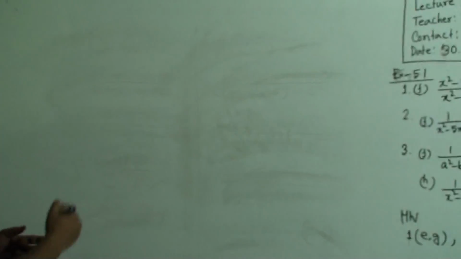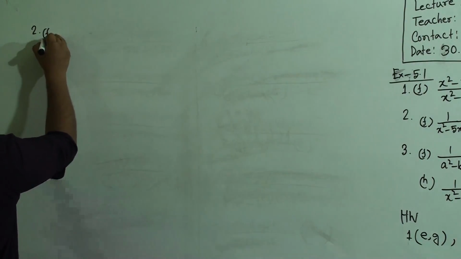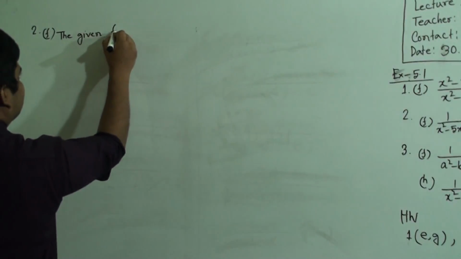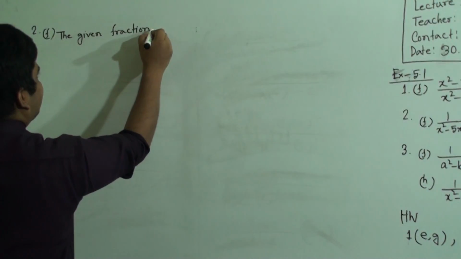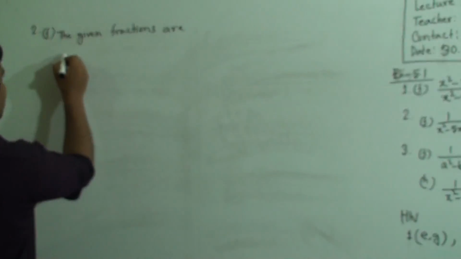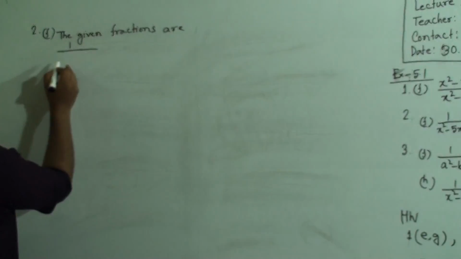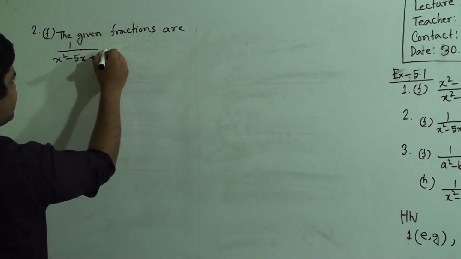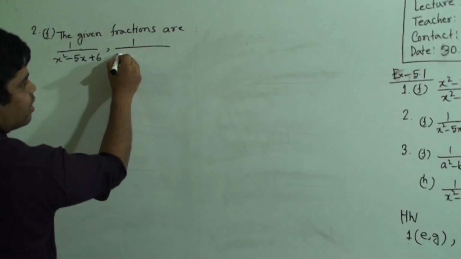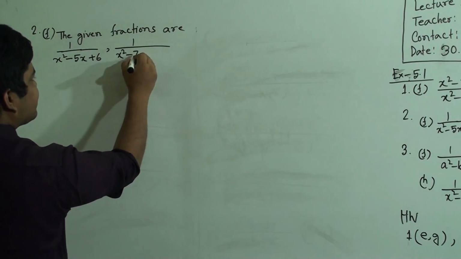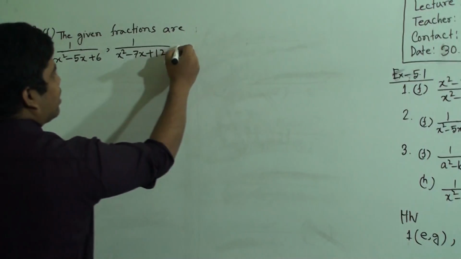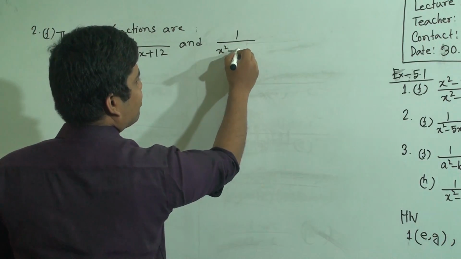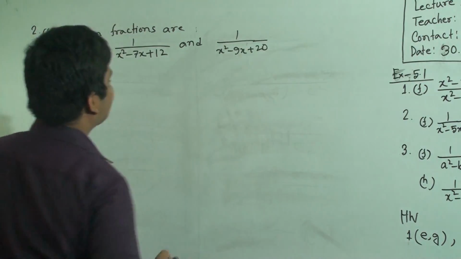Okay, 2F number. The given fractions are 1 by x square minus 5x plus 6, 1 by x square minus 7x plus 12, and 1 by x square minus 9x plus 20.